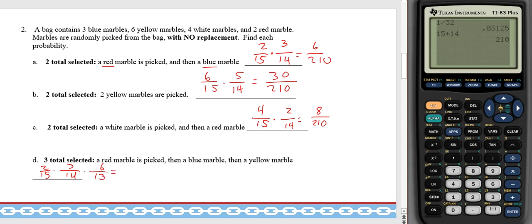So 2 times 3 times 6 would be 36. And then to get my new denominator, I need to multiply on that 13, 2,730. Not 27,000, that'd be a little ridiculous. So 36 in a 2,730 chance.